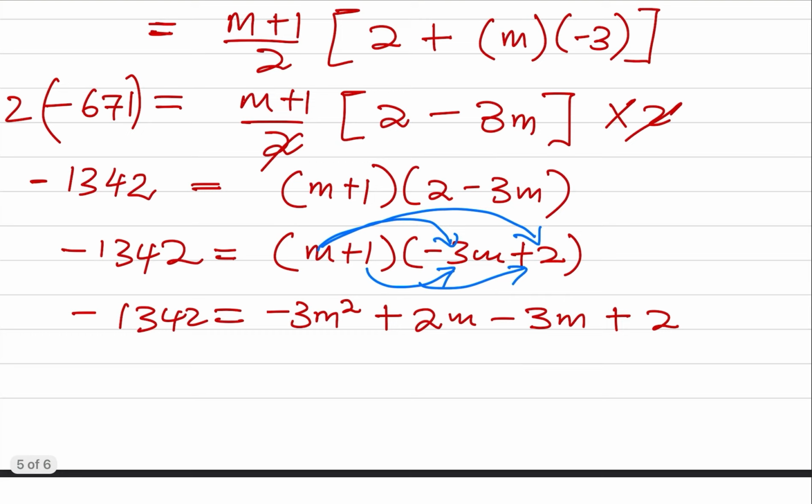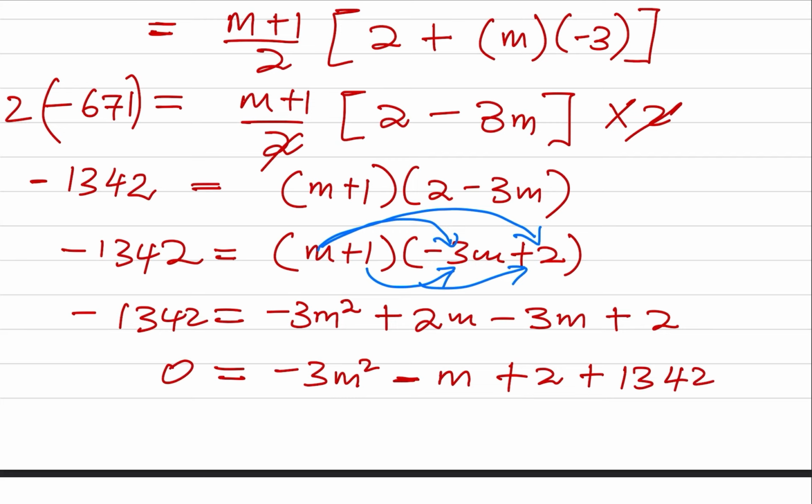Now let us group like terms. We see that here we have negative 3m squared, then 2m minus 3m, it will be minus m, plus 2. We take this to that side, this is plus 1342.